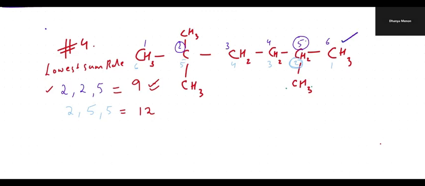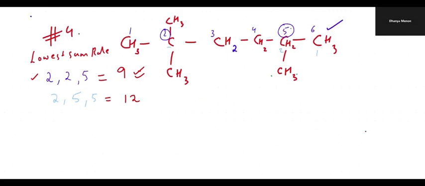Okay, so I'm removing this. We will not use this. Okay, so if you choose this numbering, what will be your name? At the second position, 2 substituents are there.